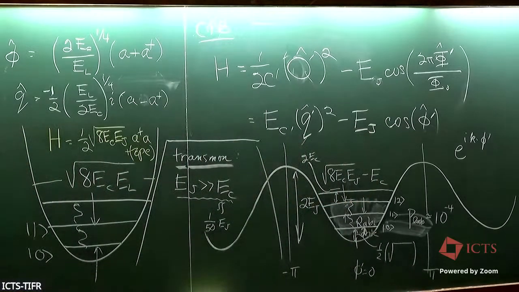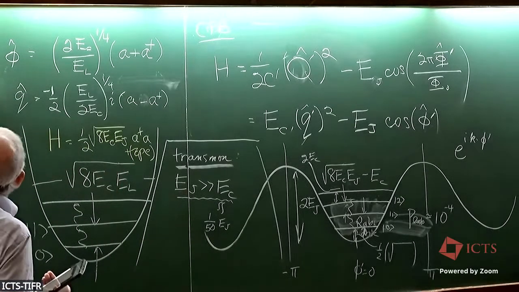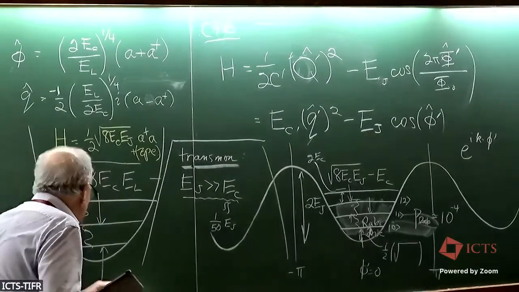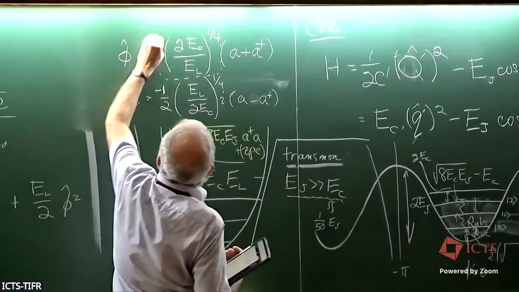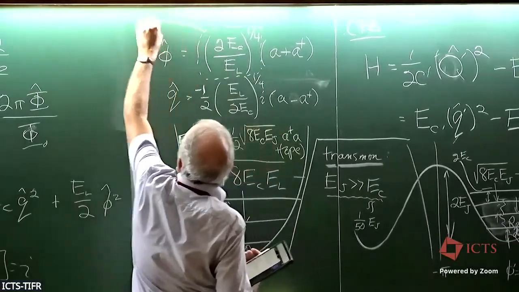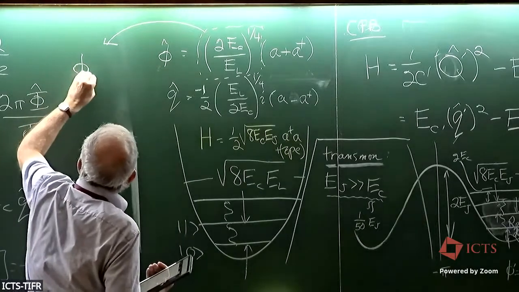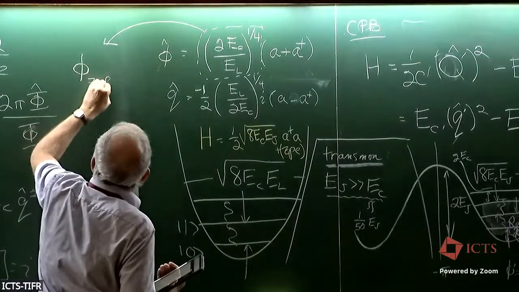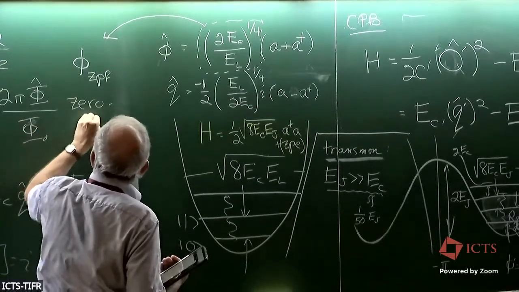Now, you can see that it turns out here. Let me open up some space just to make a comment that this quantity also has the very informative name of, it's just a number, phi ZPF, zero-point fluctuation.